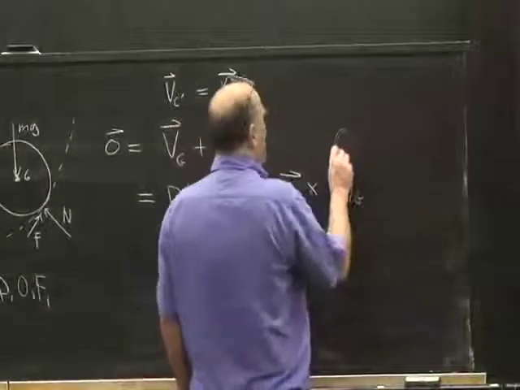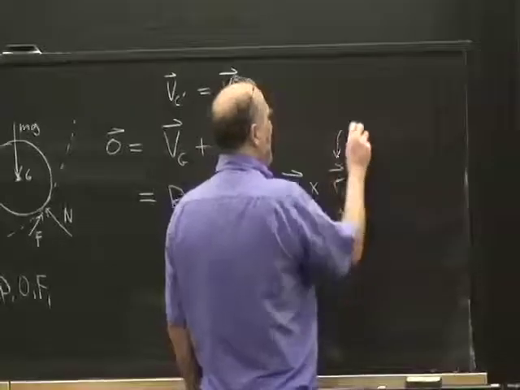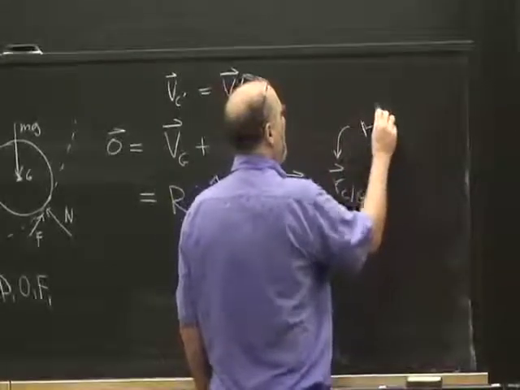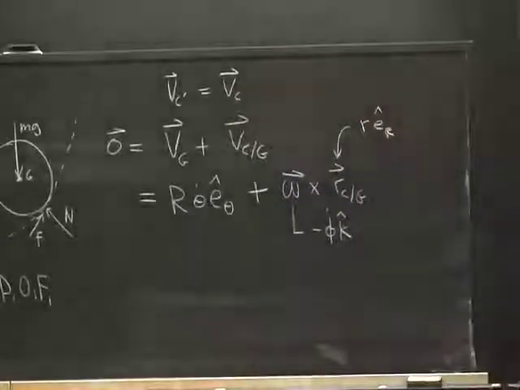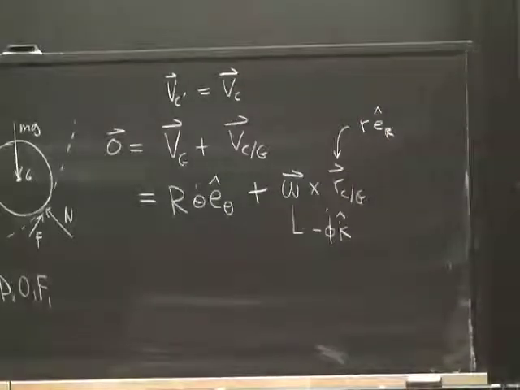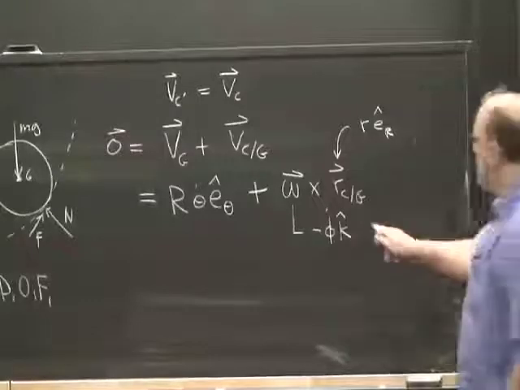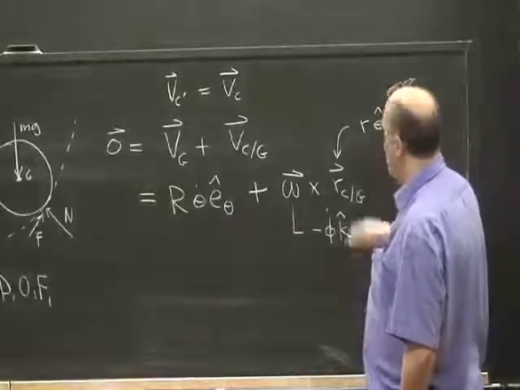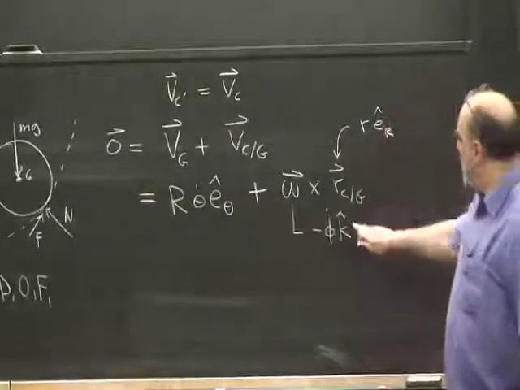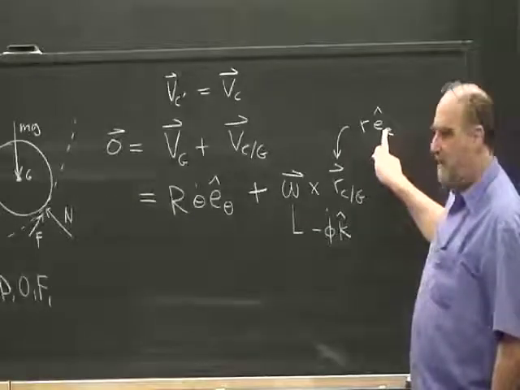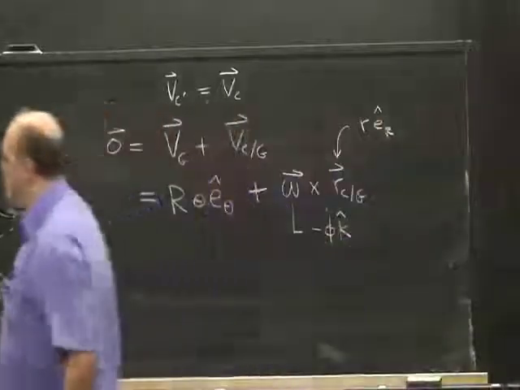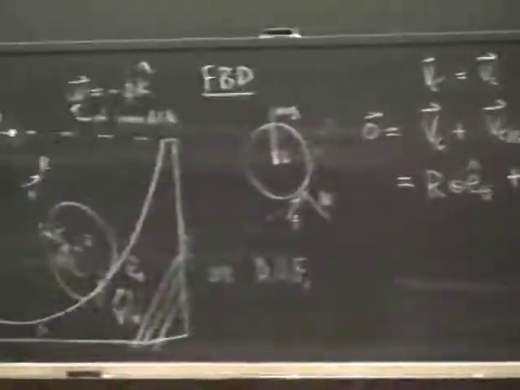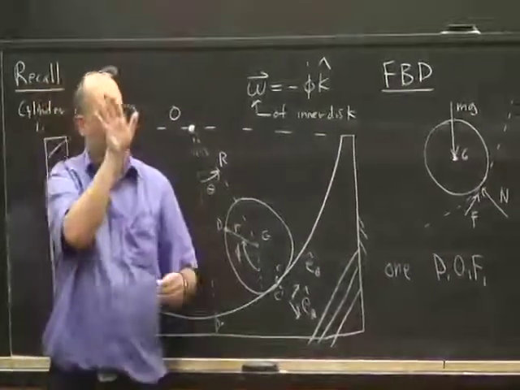Then we have this r of C with respect to G. What's that? That's little r times E sub capital R. Now we can do this cross product. Here's K crossed with ER. What is K crossed with ER? Well, we look at this picture. We have K coming this direction. We have ER pointed that direction.